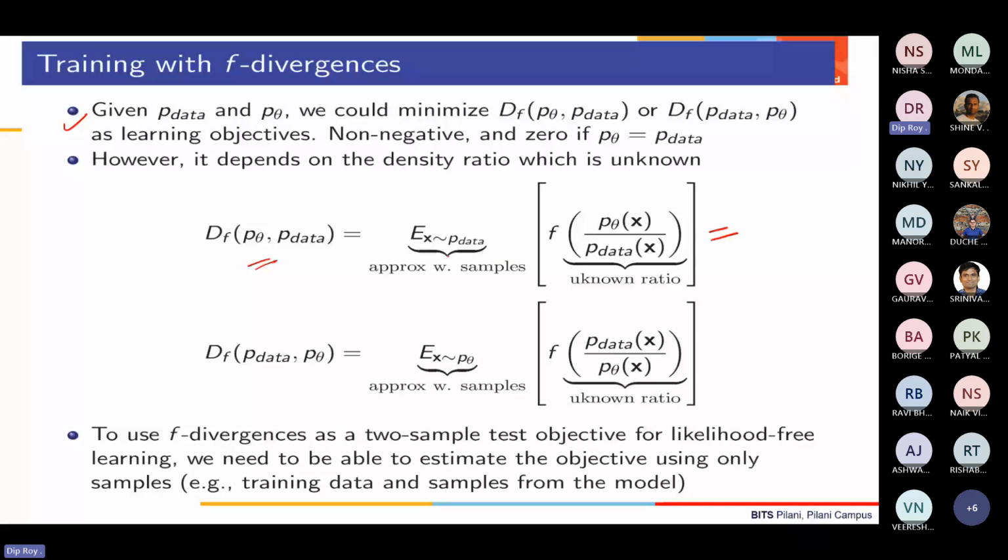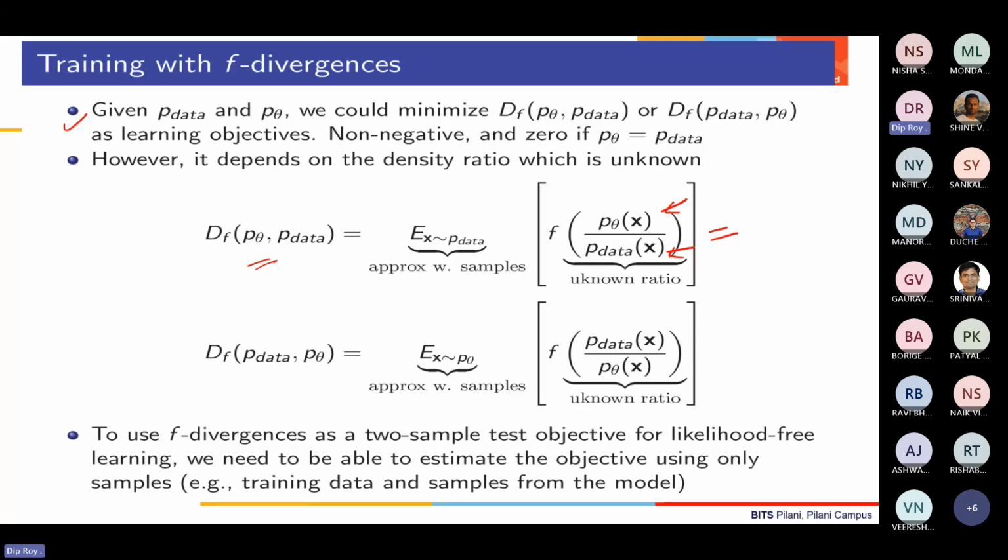Now, if you want to calculate this, the first thing you notice is that there are some problems. First, to calculate the expectation you need samples from P data. No problem with it. We have our training data. We have access to the samples. Can we have P theta? Yes, we have a model generator, so we can calculate the P theta of X. But this particular term, P data of X, we cannot calculate because we do not know the true distribution.